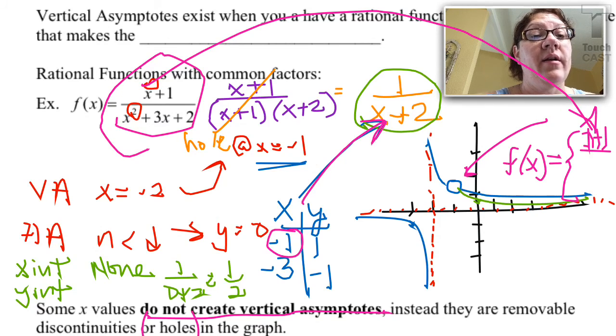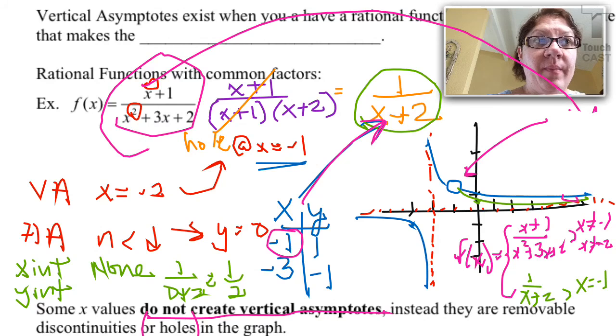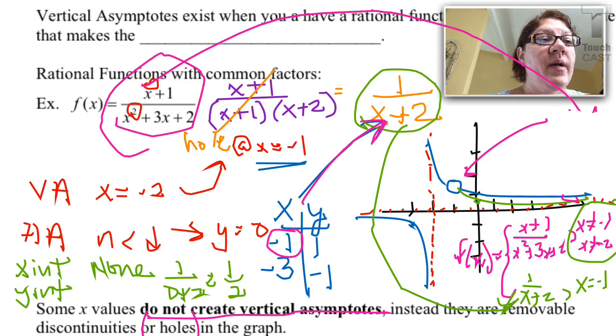Okay, let's try that again. Okay, that's better. I made more room for it. So I could use the original function everywhere except -1 and -2, and I could use the simplified version when x happens to equal -1. And that would be a way to fill in that hole, and now it's actually part of the graph.